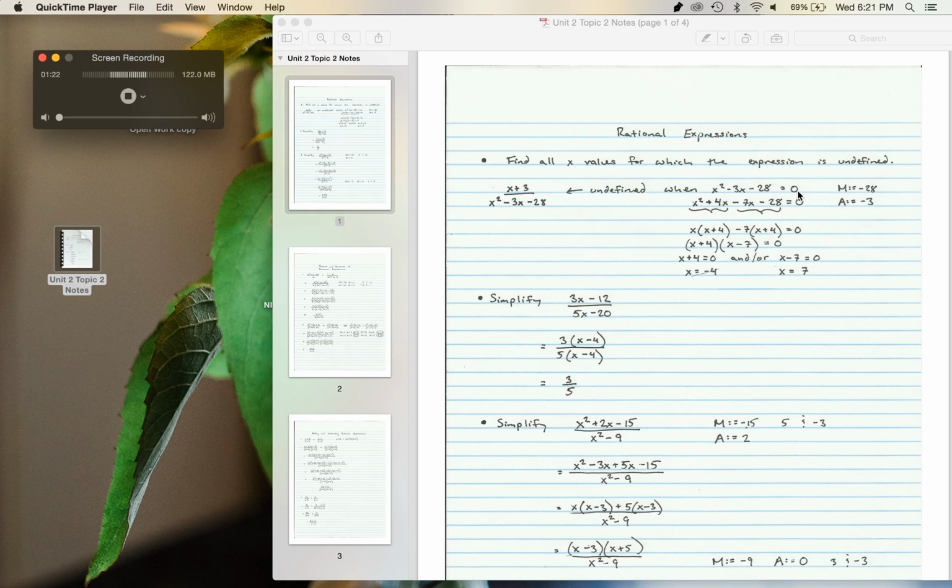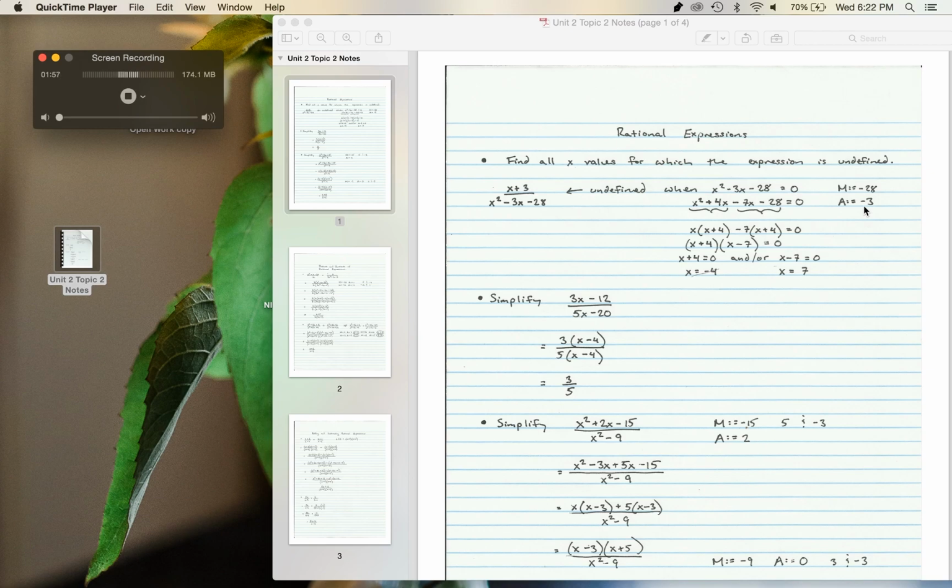So we can use the knowledge that we gained in Topic 1 from Unit 2 to continue from here. I'll have a look at this quadratic, and it doesn't look like there is any common factor between these three terms, so I can't pull anything out at first. So I will ask myself, what are two numbers that multiply to, let's see, 1 times negative 28, multiply to negative 28, and add to negative 3?